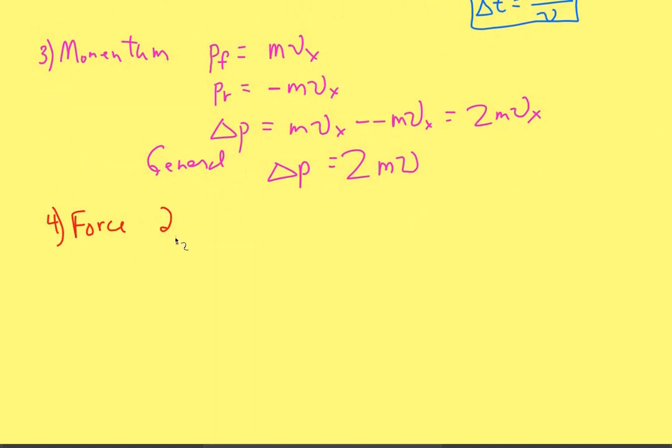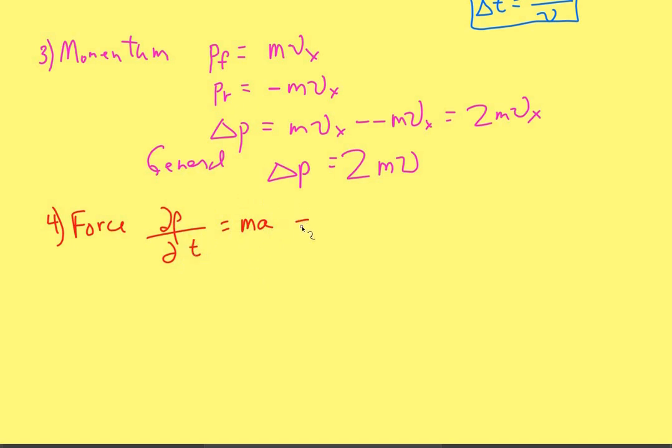Force is a change in momentum over the change in time. That's Newton's equation, and you also see it written as ma. But momentum being mv and a being dv/dt, this becomes the change in momentum over the change in time.